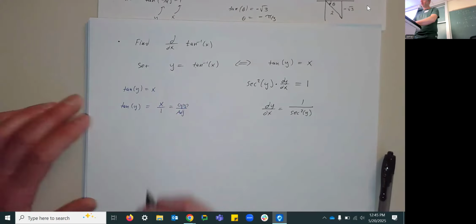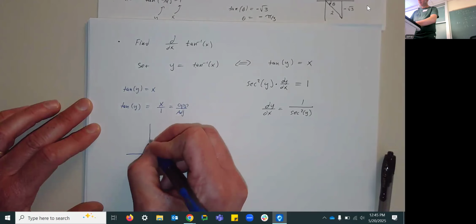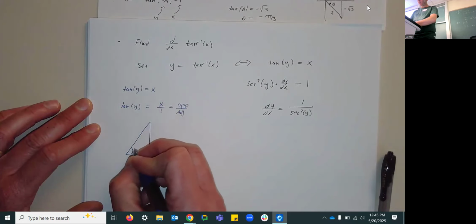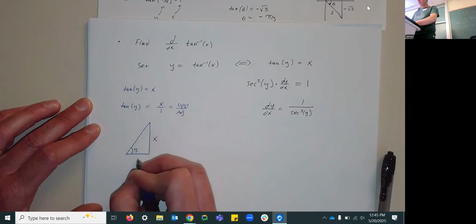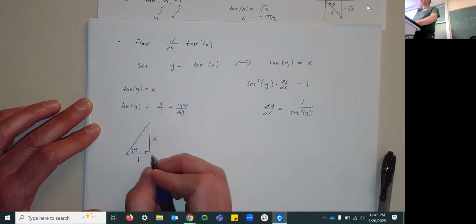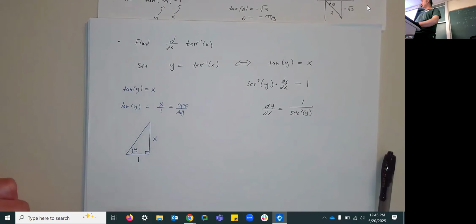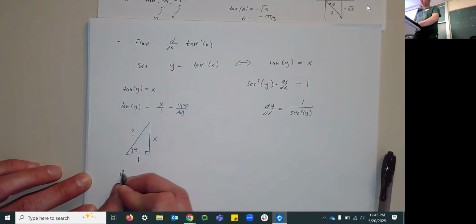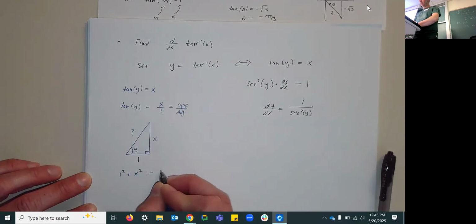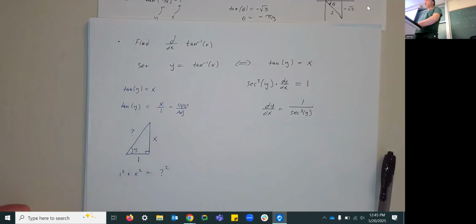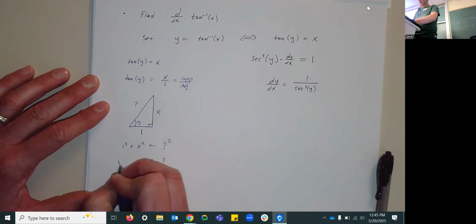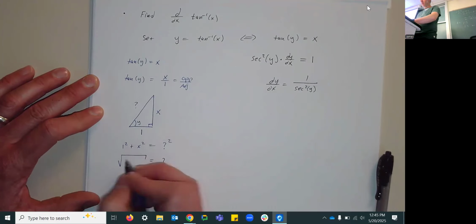So now I'm going to draw a triangle where y is my angle, the opposite is x, the adjacent is 1, and we're going to use the Pythagorean theorem to find that missing side. We know that 1 squared plus x squared should equal the missing side squared. If we take the square root of both sides, the missing side is going to be the square root of 1 plus x squared.